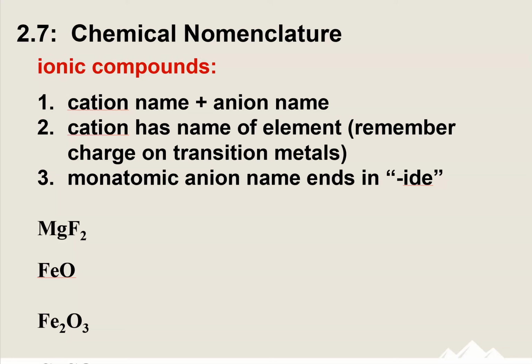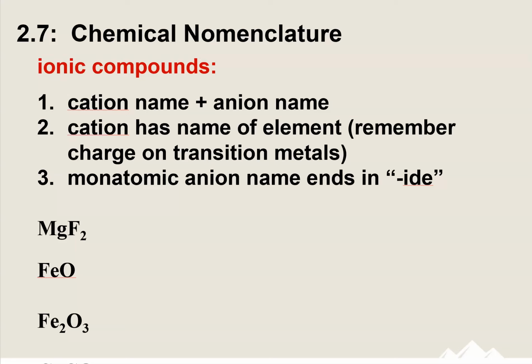We need to figure out its charge by knowing the charges on the anion. From its position in the periodic table, you know that an oxide ion has a charge of -2. So that means to make it neutral overall, the iron must have a charge of +2. So we would call this iron 2 in Roman numerals.